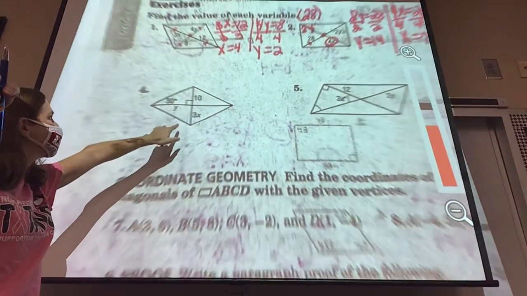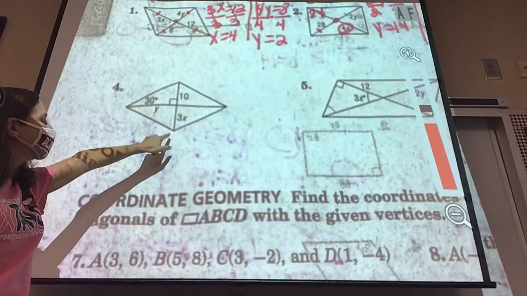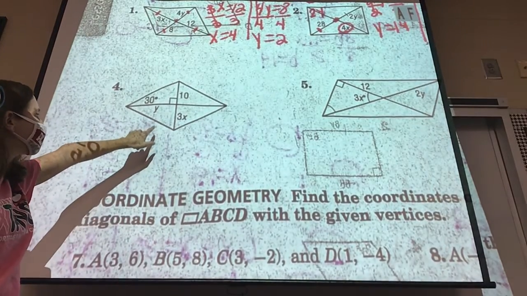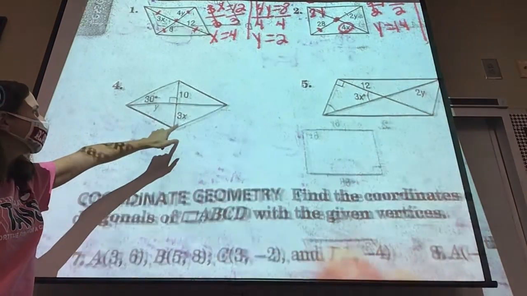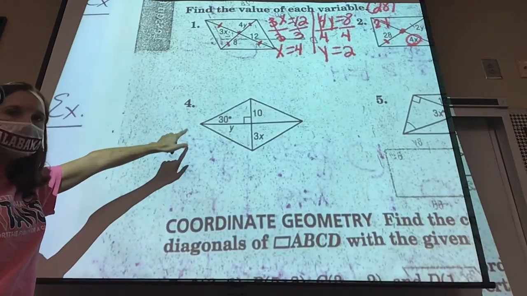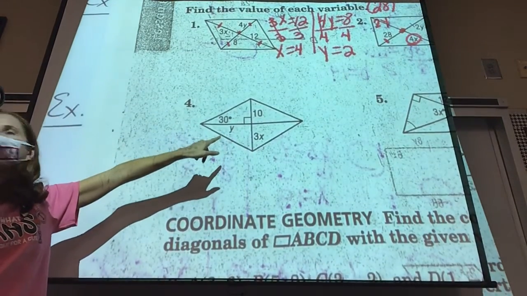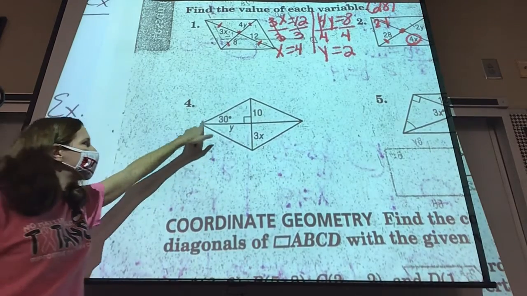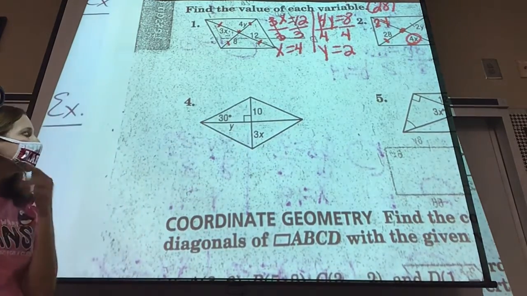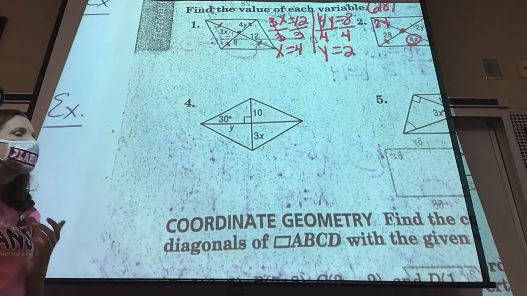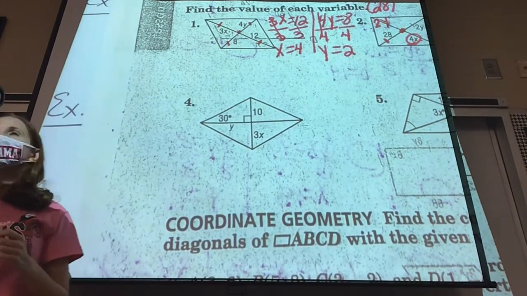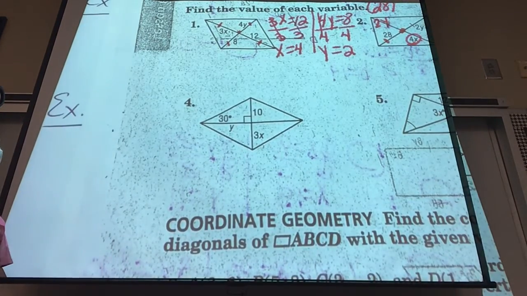Can you see that one? The paper's been copied I don't know how many times, so it's a little hard to see. It's this one. So copy this one onto your paper. That's the one I want. So copy that one onto your paper real quick, because that's the next one we're going to do.